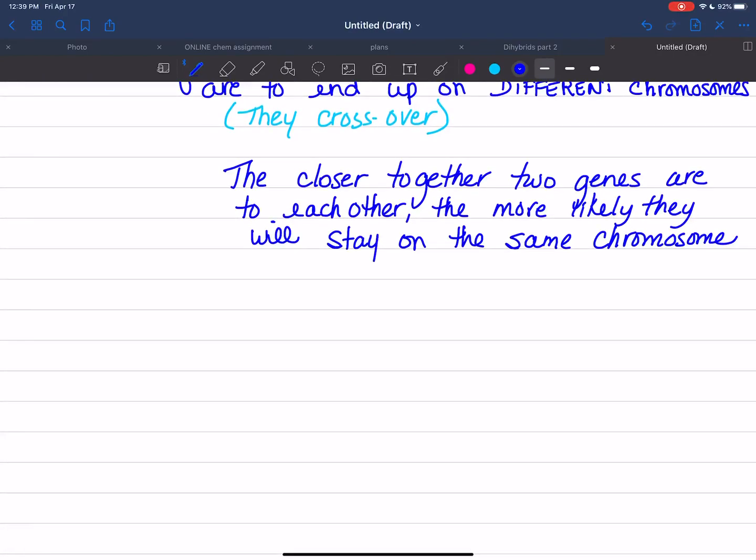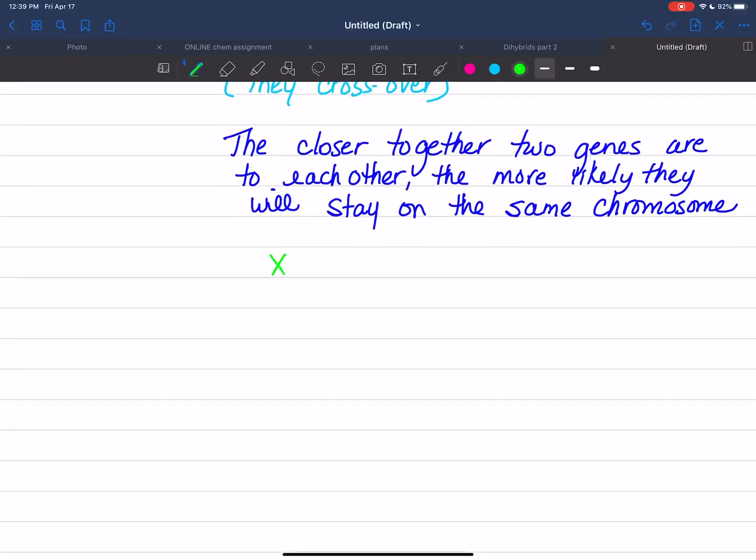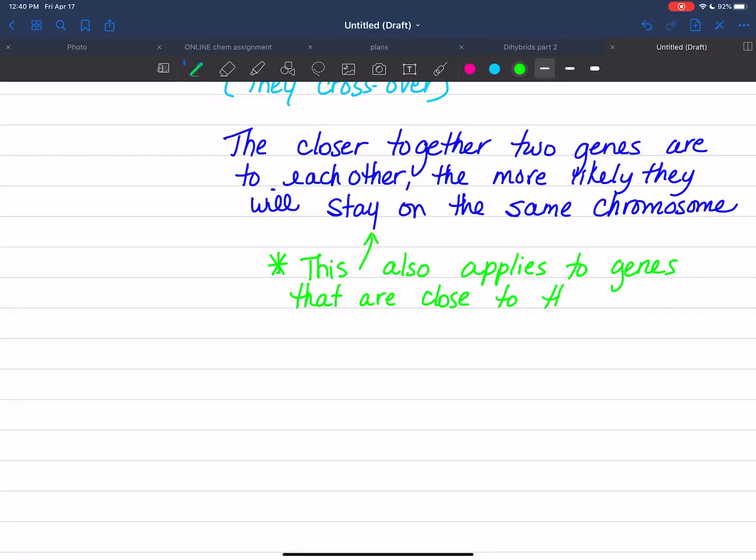Also, I'm going to put a little caveat under here as well. This also applies to genes that are close to the centromere. And why is that? We talked about the centromere. If you remember, when we draw our centromere, that's the centromere right there.